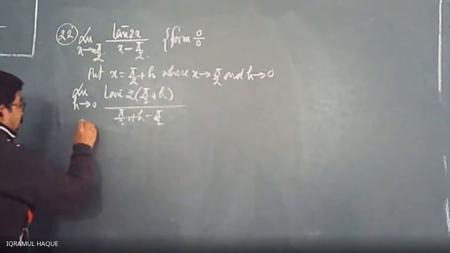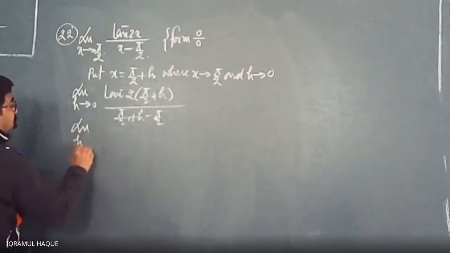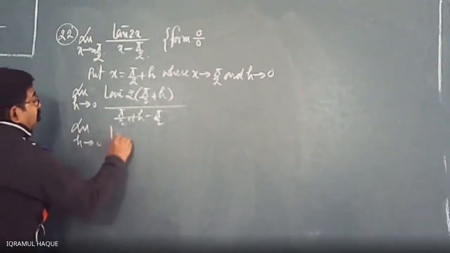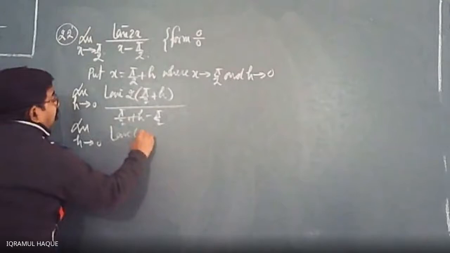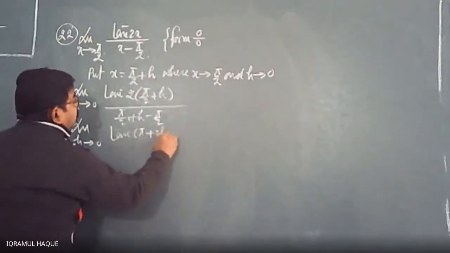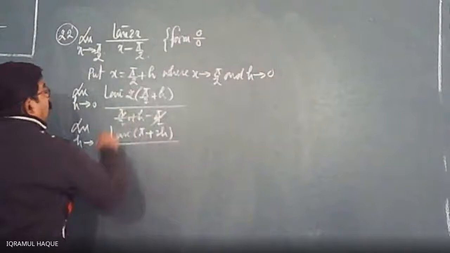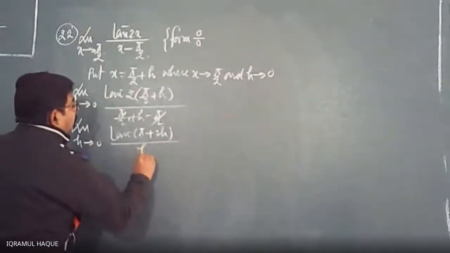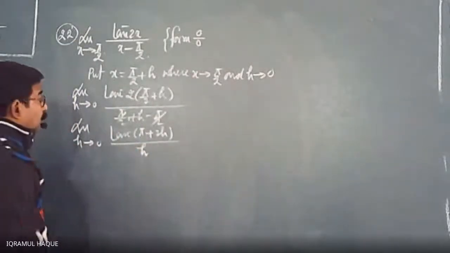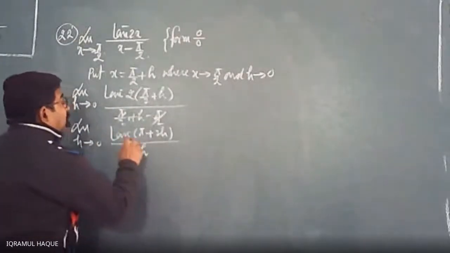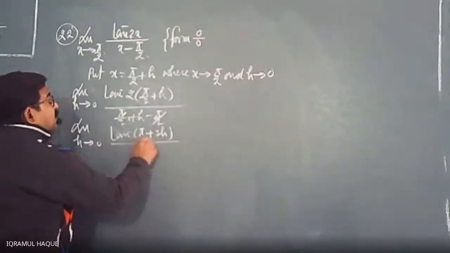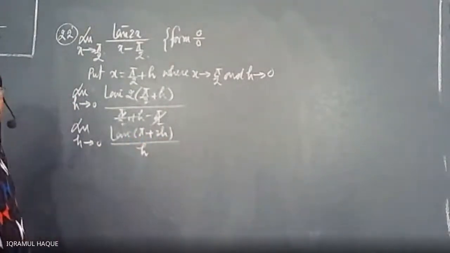Multiply this here. Limit h tends to 0, we have tan pi plus 2h upon, this will go, we have upon h. So tan pi plus 2h is in the third quadrant. This is tan 2h.